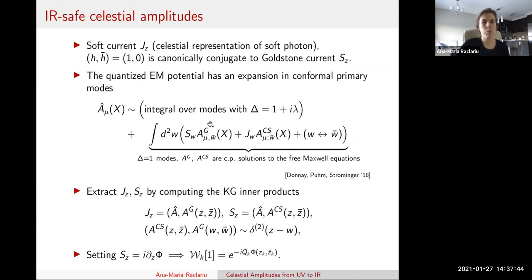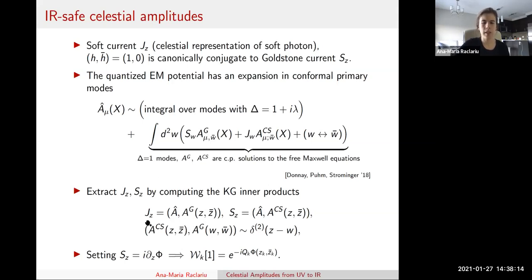A_G is the pure gauge quantity, while A_CS is roughly speaking A_G multiplied by a step function in u. So it's like a shock wave-like solution to the free Maxwell equation. They're both canonically conjugate. One can show that if you take the Klein-Gordon inner product of these two solutions, one gets a delta function, which also implies that, as I said, this J is canonically paired with S.